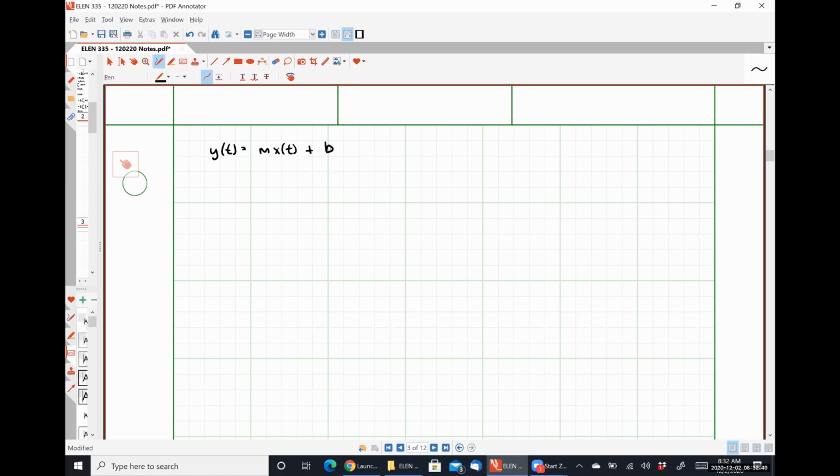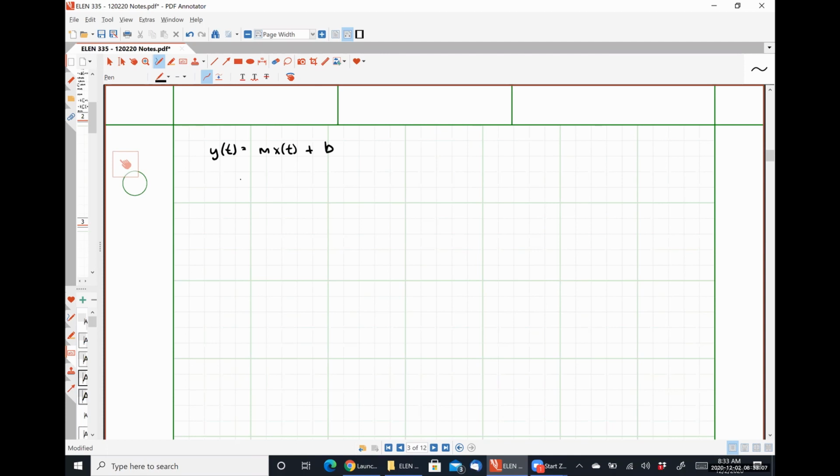What is this equation? A linear equation, right? Linear meaning it is the equation that tells us how to plot a straight line in a two-dimensional coordinate system.